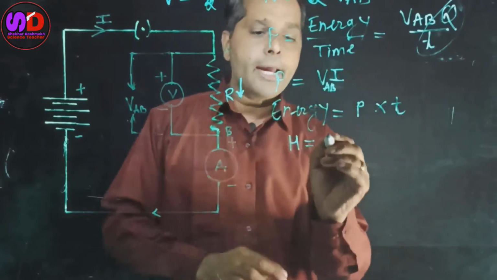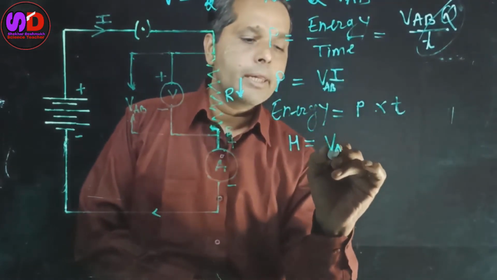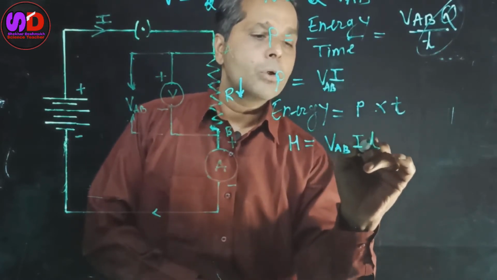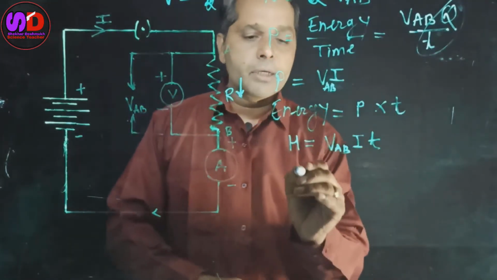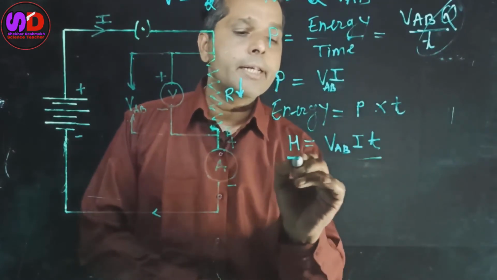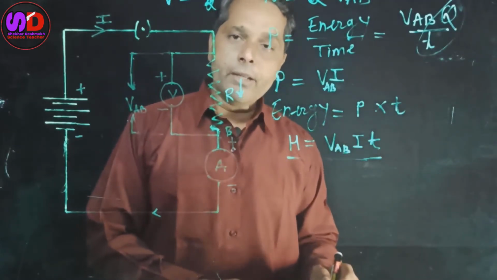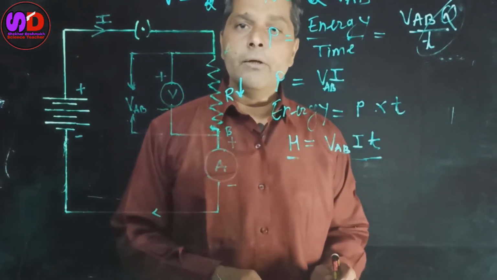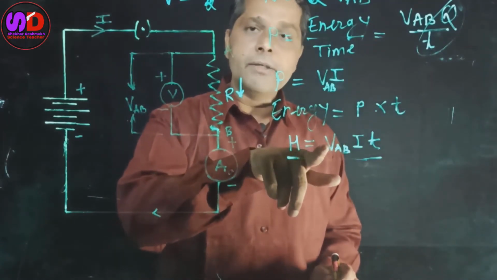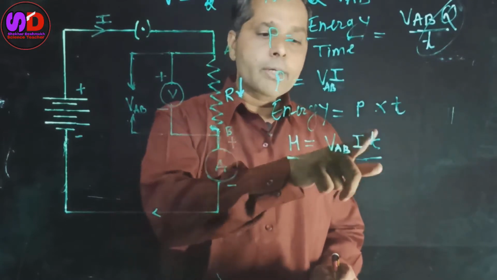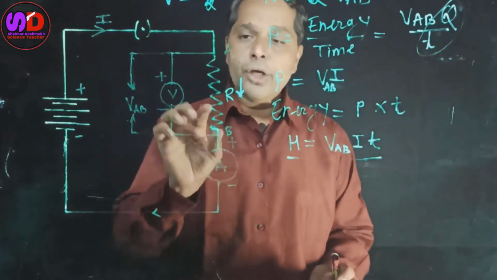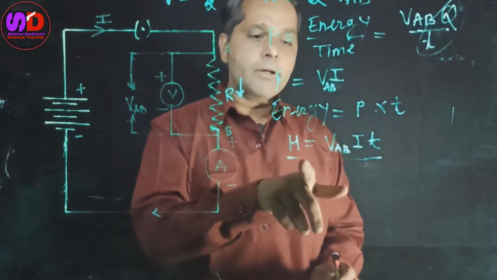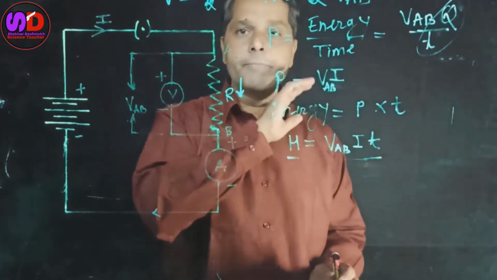V into I. So VAB into I into T. This is the heat generated whenever the current I flows through the circuit, where the potential difference is V, for time T. The heat generated in the resistance is nothing but VIT.